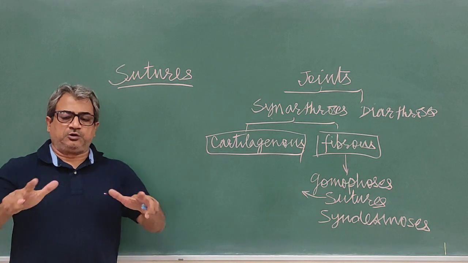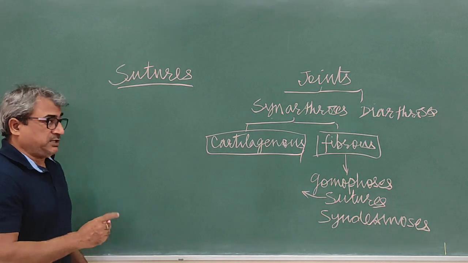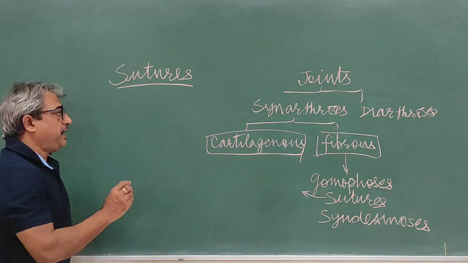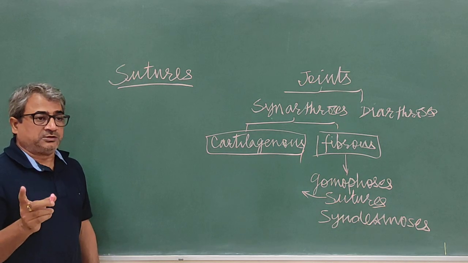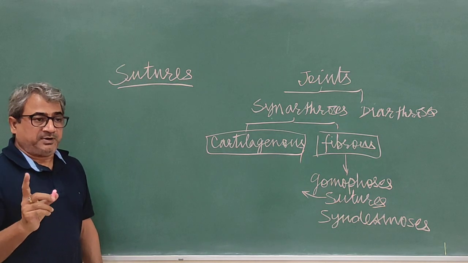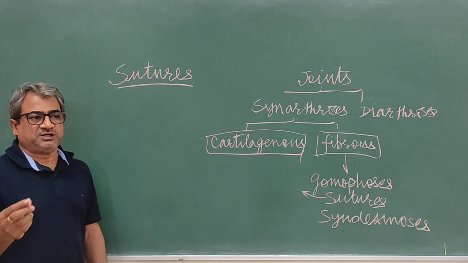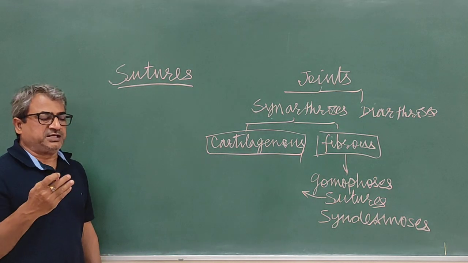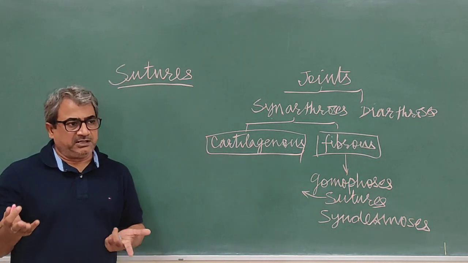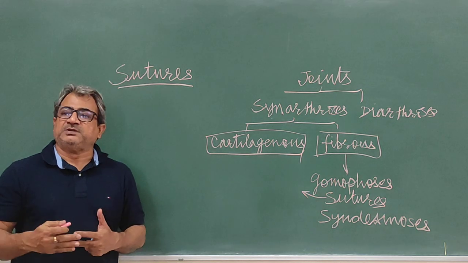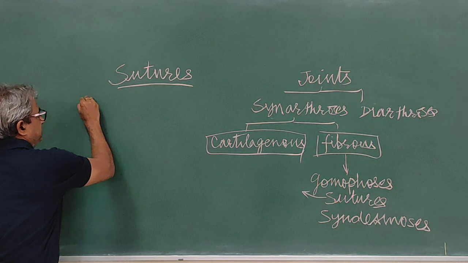We know that there are two plates of bone, and in the case of particularly the cranial suture, the bones which are present are not formed by ossification in cartilage, but they ossify from the mesenchymal cells which are present in the subcutaneous region. Under the skin, the mesenchymal condensations take place, subdermally, as we can say, and then from them these bones ossify. So what kind of ossification is there?